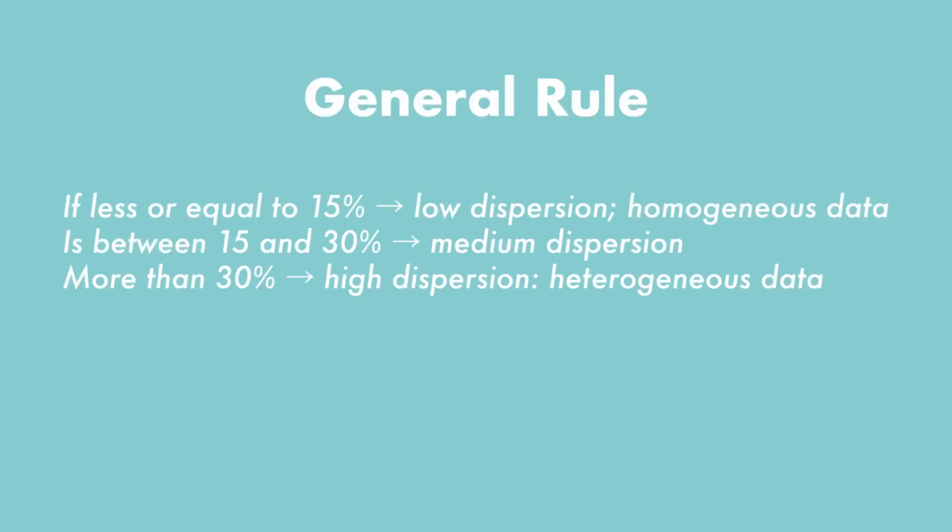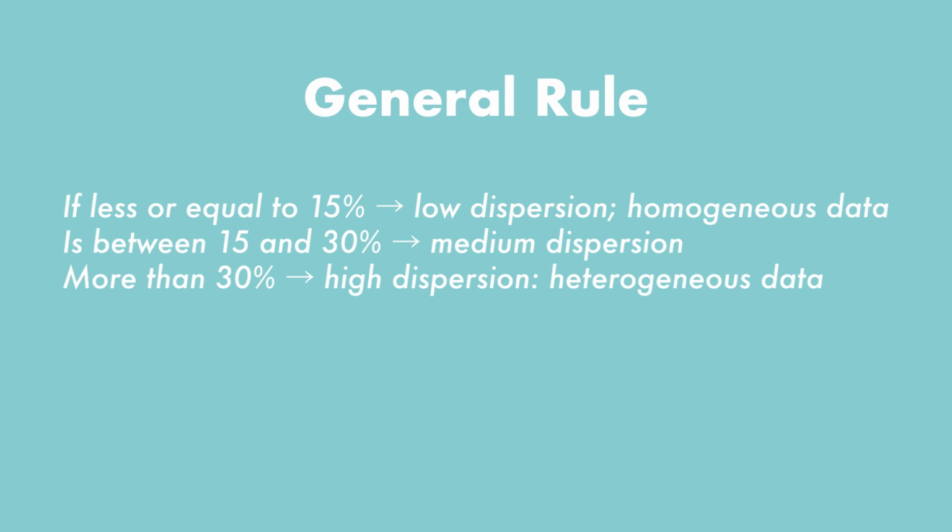In general, if the coefficient of variation is less than or equal to 15%, then we have low dispersion and homogeneous data. If it is between 15 and 30%, then we have medium dispersion. If it's greater than 30%, then we have high dispersion and heterogeneous data.